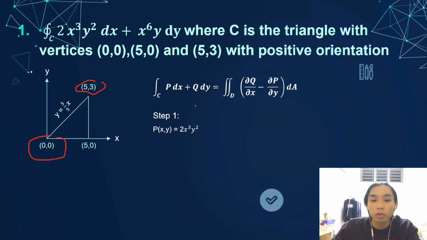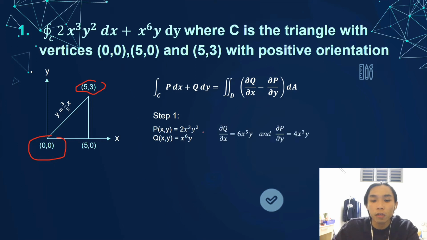For step number 1, for the P, we know that P is given from the question. We will take P equal to 2x cubed y squared and Q equal to x to the power of 6 y.